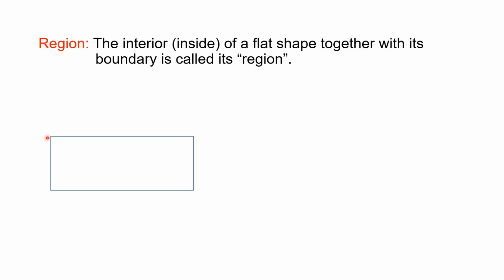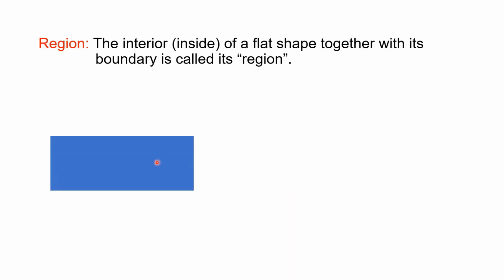This is a rectangle. Now look at this, the boundary of the rectangle. This is the interior of this rectangle. The boundary and the interior together is called its region.